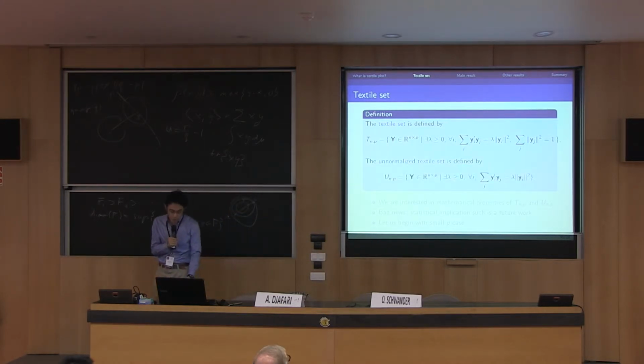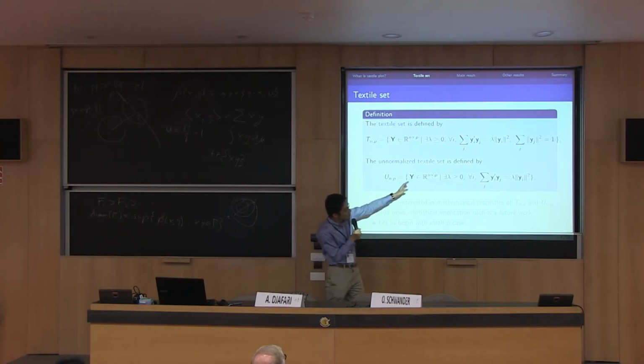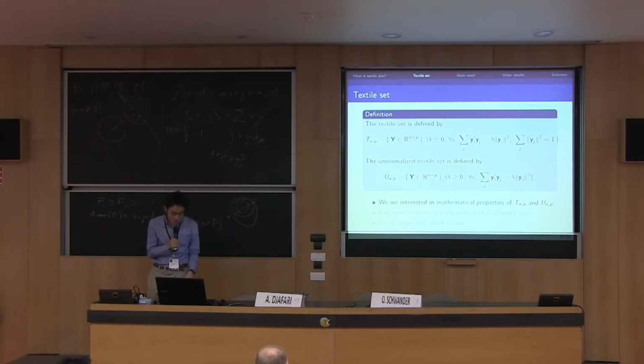We also introduce the unnormalized textile set, which is the same except for the last condition. We are interested in mathematical properties of these sets, T_n,p and U_n,p. And the bad news is that the statistical implication of this work is not yet clear, and it is future work.